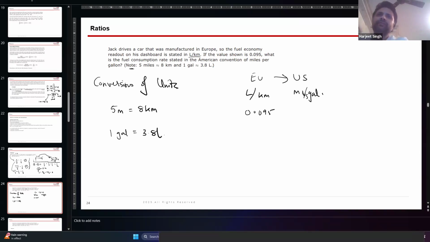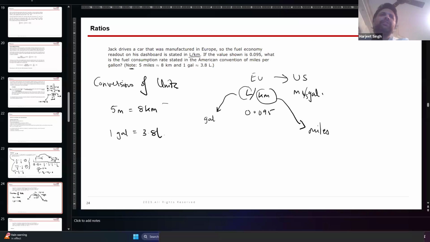So clearly we need to work with L and km and convert these. So L will be converted into gallons, which is liters into gallons, and kilometers will be converted into miles.